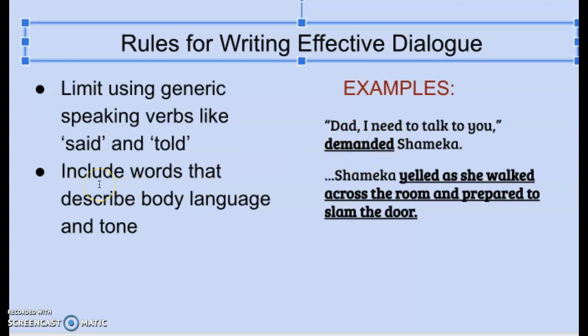Another rule is include words that describe body language and tone. For example, from the last passage, Shemeka yelled as she walked across the room and prepared to slam the door. This is describing what she's saying, she's yelling, but it also includes what she's doing, what her body is doing. It adds a visual to the reader's mind.